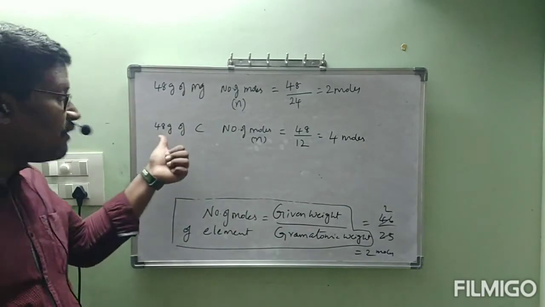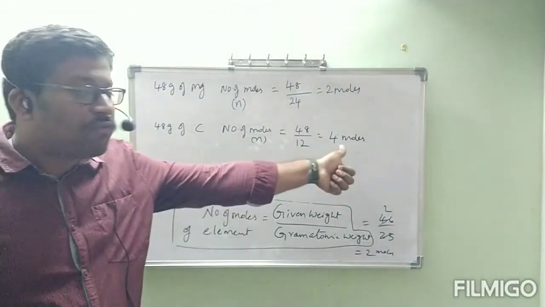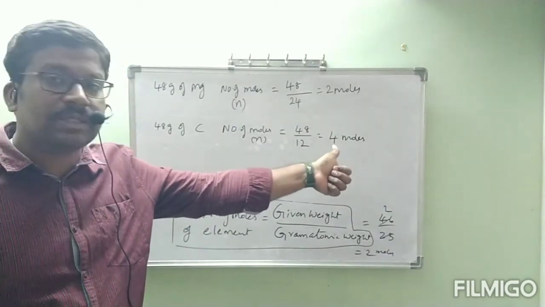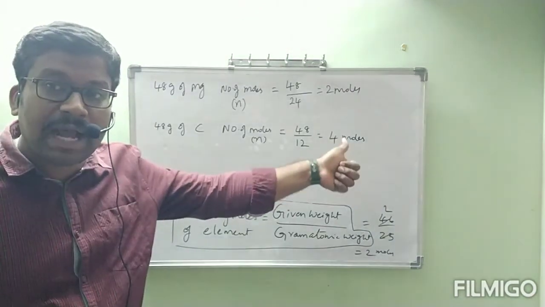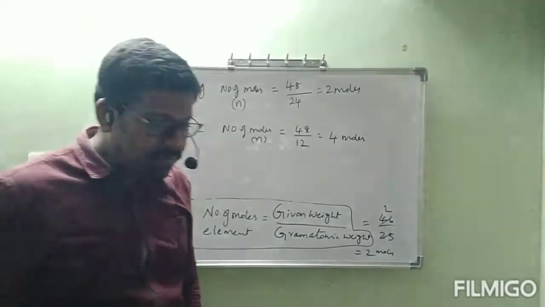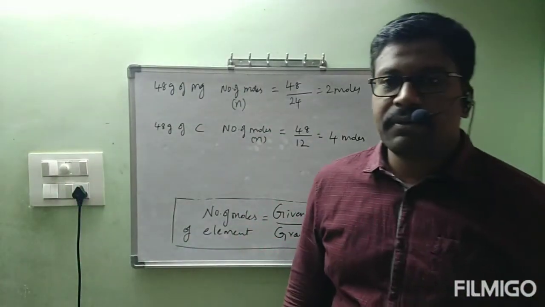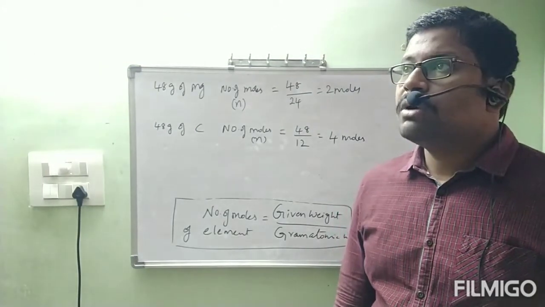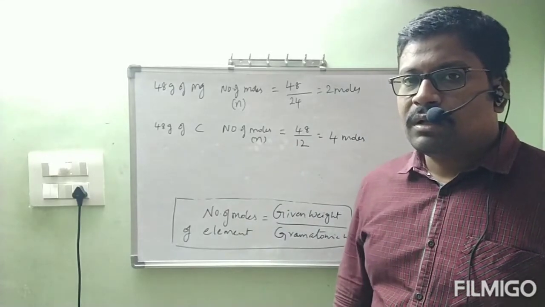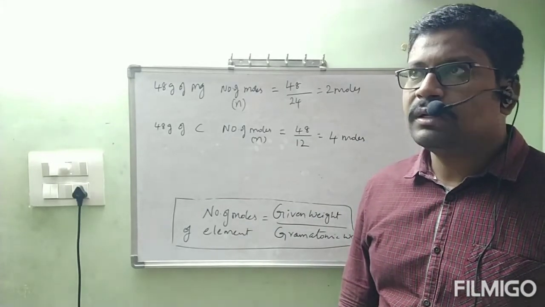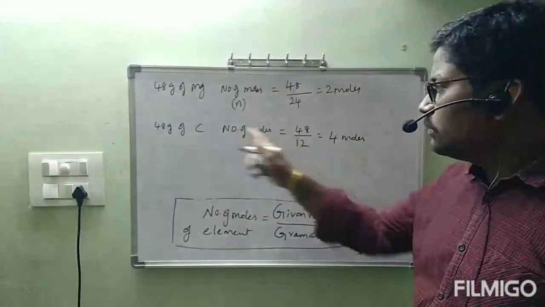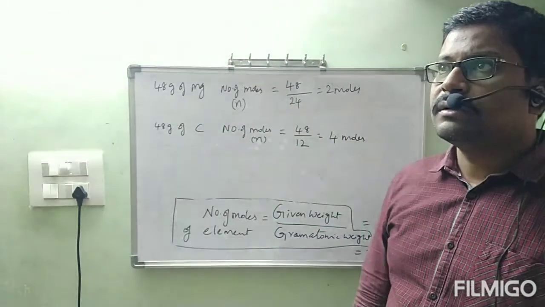The meaning of that is, in 48 grams of carbon, 4 × 6.023 × 10^23 carbon atoms are there. That is nothing but 4 moles. 1 mole is every time 6.023 × 10^23, so 4 moles is 4 × 6.023 × 10^23. I hope you understood. 48 grams, 12 grams of carbon.